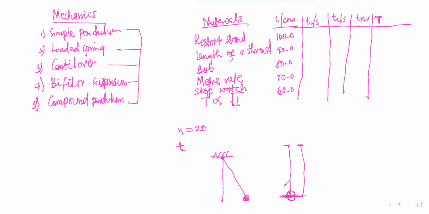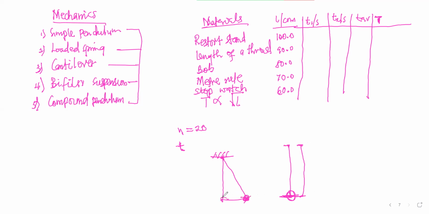Then you displace it through a small angle and count that number of complete oscillations. A complete oscillation is such that if I move it to this side, it must go to the other extreme and come back.